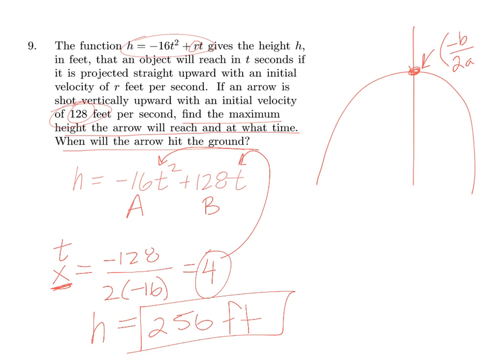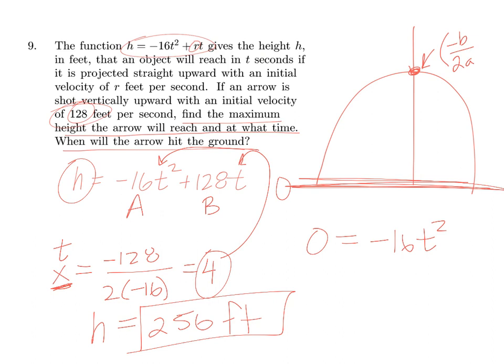But they also want me to find when will the arrow hit the ground. So the ground represents what value for y, or in this case h represents 0. So I just set h equal to 0. Now I'm going to factor out -16t, and I get t minus 8.